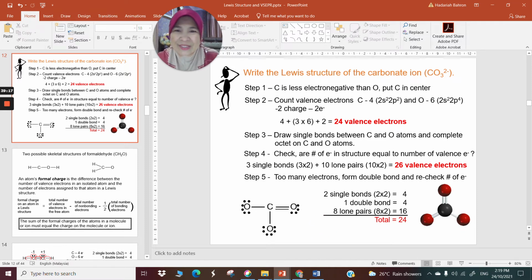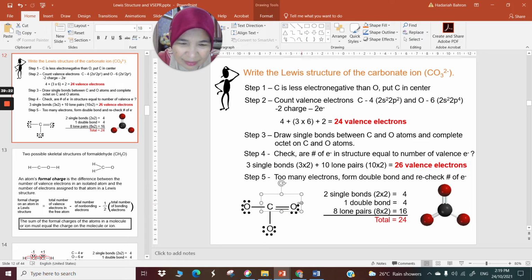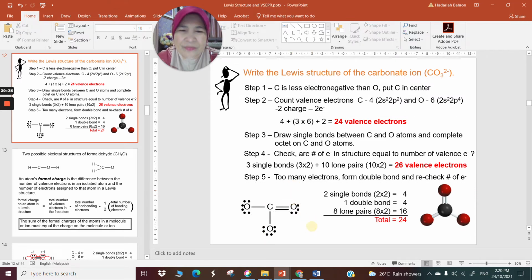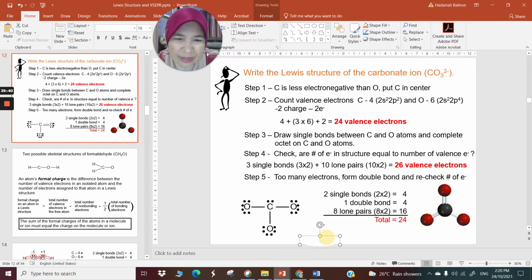And count the electrons again. So let me do this. You collapse 1, 2, 3, and 4.